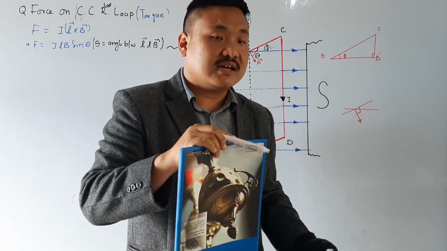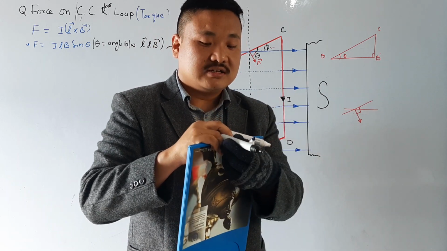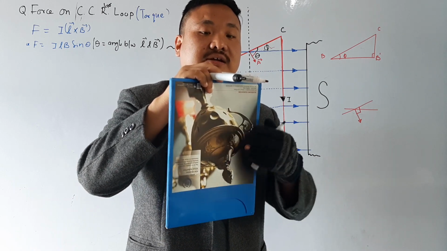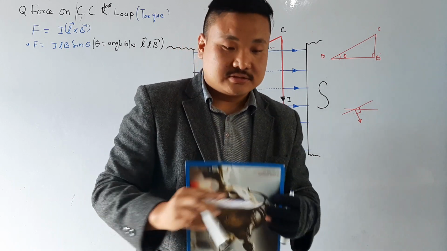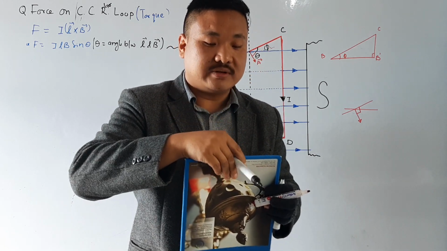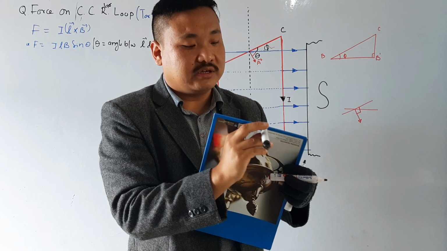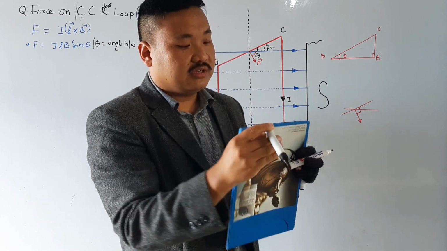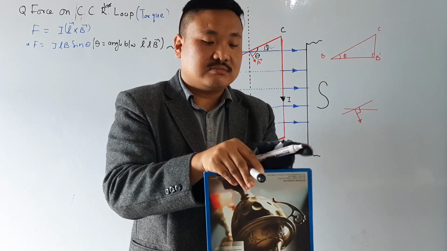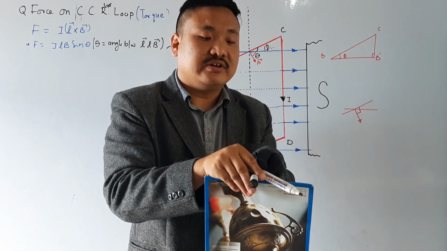At the same time I have an area vector which is perpendicular to the area of this rectangle. This is my area vector. It is always perpendicular from here, from here, from here. So this is my area vector and this is my magnetic field.